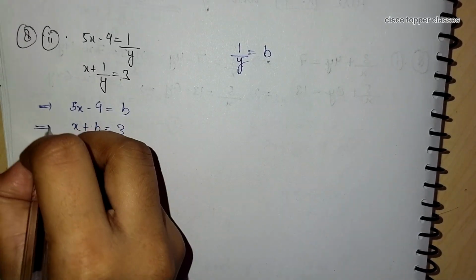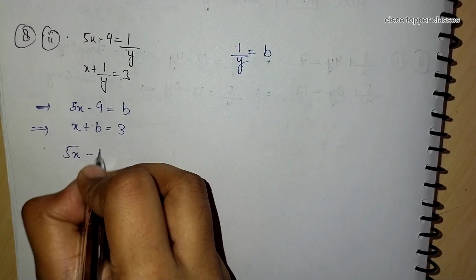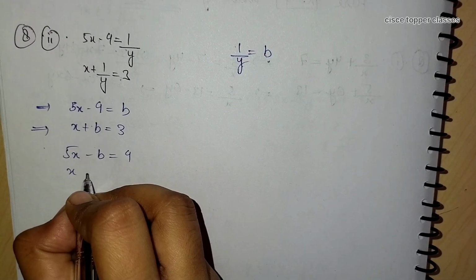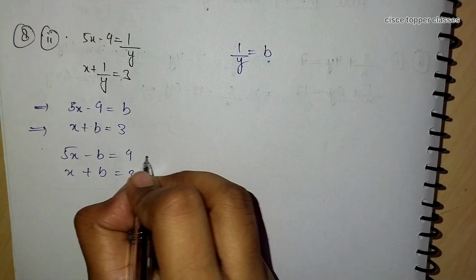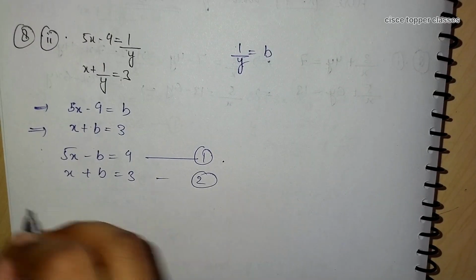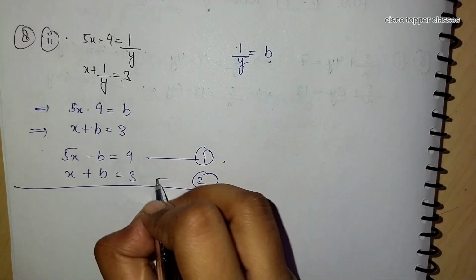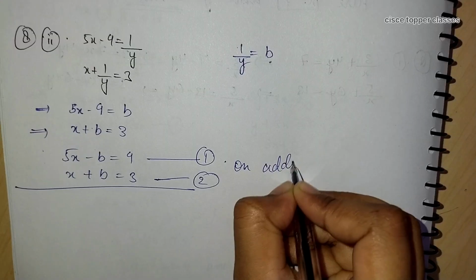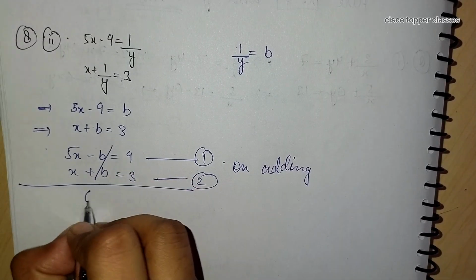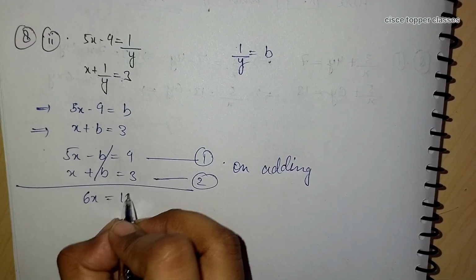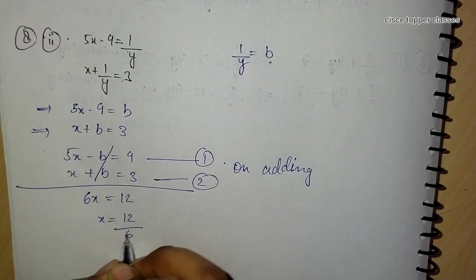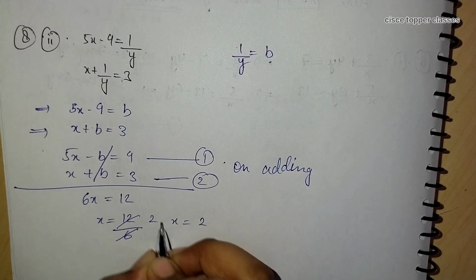We can put it as 5x minus b equal to 9, and here x plus b equal to 3. First and second equation on solving, we will firstly add these equations. On adding here, b will be cancelled out. Here we will get 6x equal to 12. So x is equal to 12 by 6 as 2.